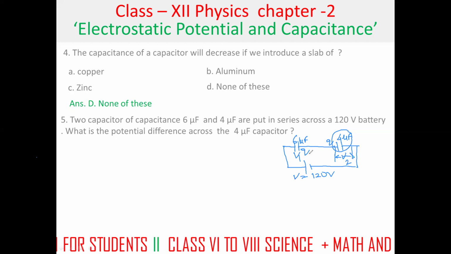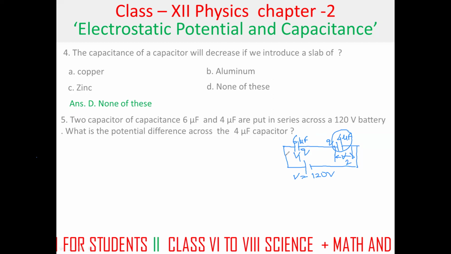First of all, find the charge Q. It is as simple as a series connection of resistances. There, to find the voltage across any resistance, we find the equivalent resistance and the current flowing through it. Here also we will do the same. Q is equivalent to current in the case of resistance.